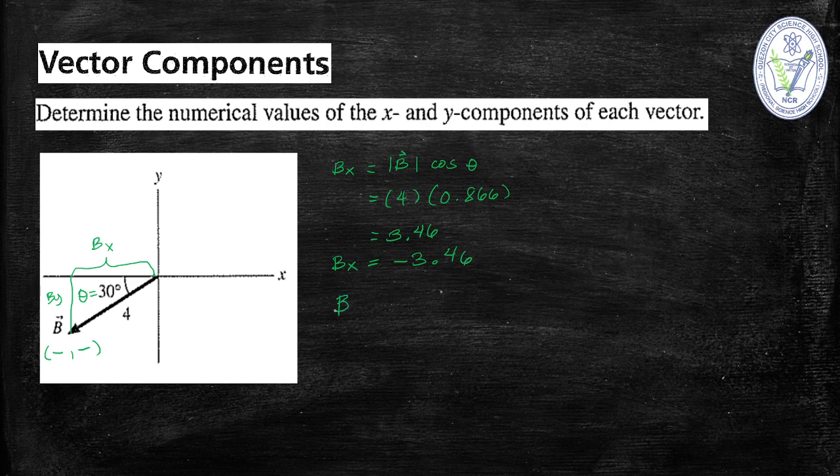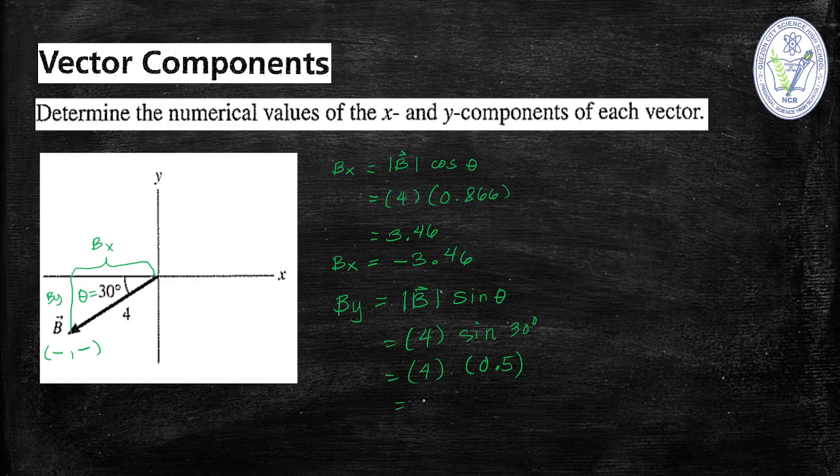Now for by, it is the magnitude of b multiplied by sine theta, which is 4 sine 30 degrees, and sine 30 degrees is actually 1/2 or 0.5.